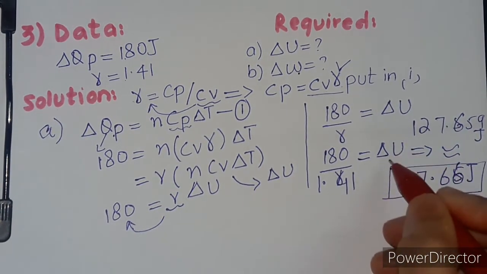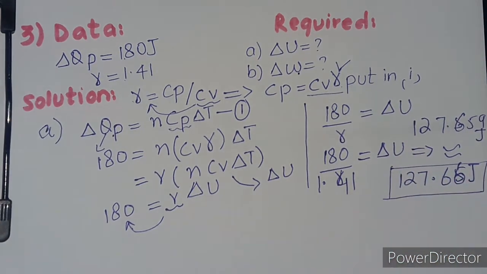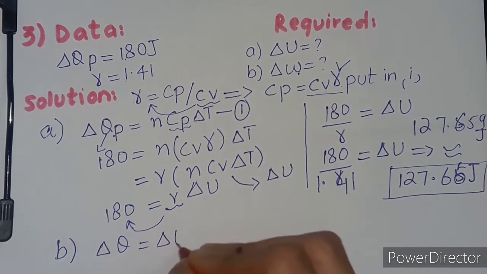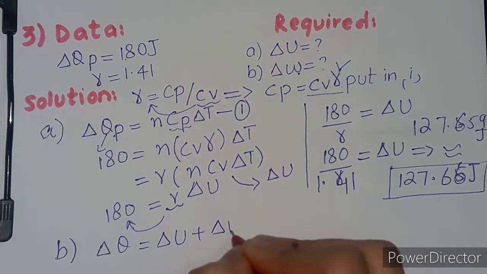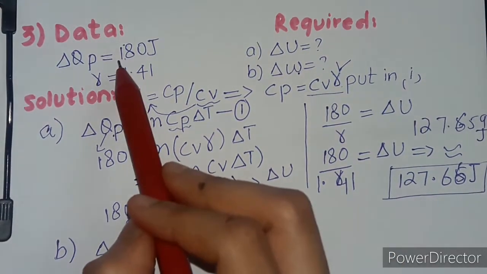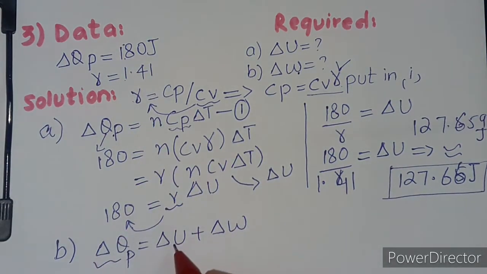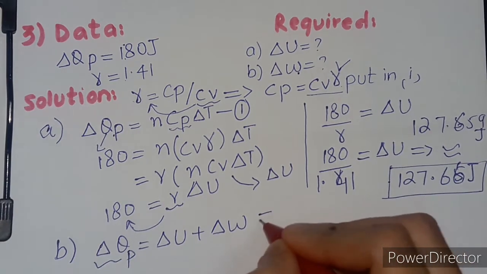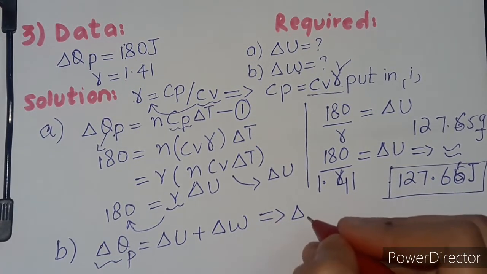We have found the value of internal energy. Now del Q is equal to del U plus del W. We have the value of heat as well from the data, 180, and we get the value of internal energy. We have to find the work done. We can easily find it by rearranging the equation.